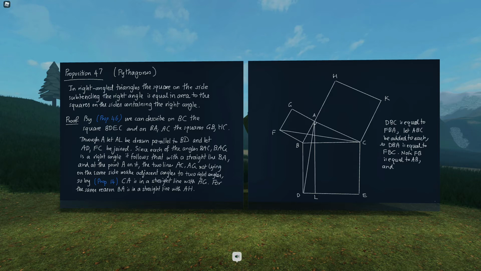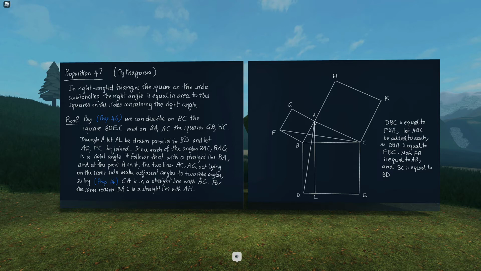And, well, this side of this triangle is also equal to that side of this triangle because it's a square. So BC is equal to BD. So we have two triangles, FBC and ABD.